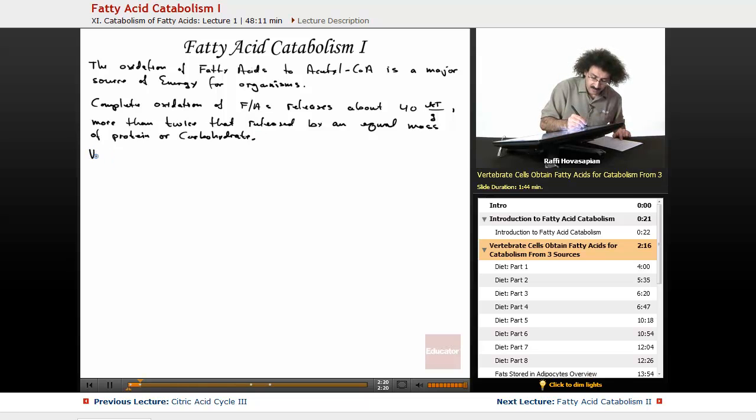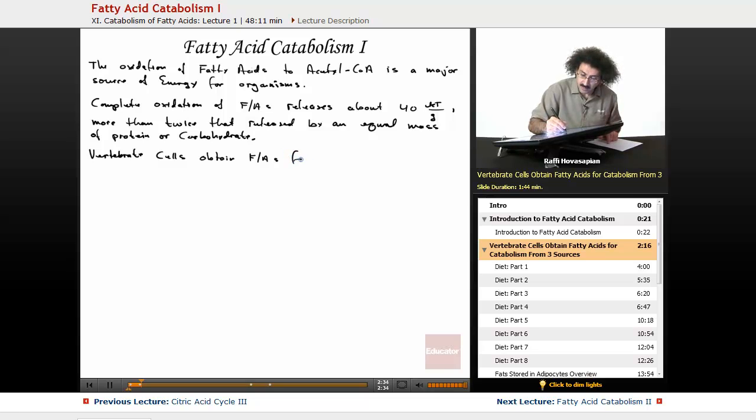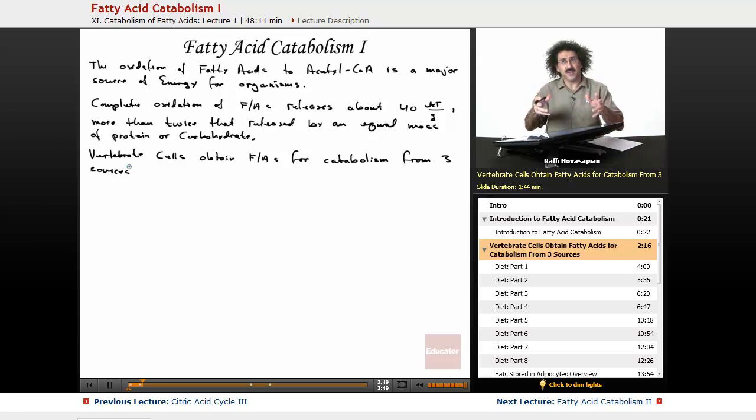Now, vertebrate cells obtain the fatty acids that they need for catabolism from three sources. In other words, the fatty acids that the cell needs in order to burn, to get energy, come from three different sources.